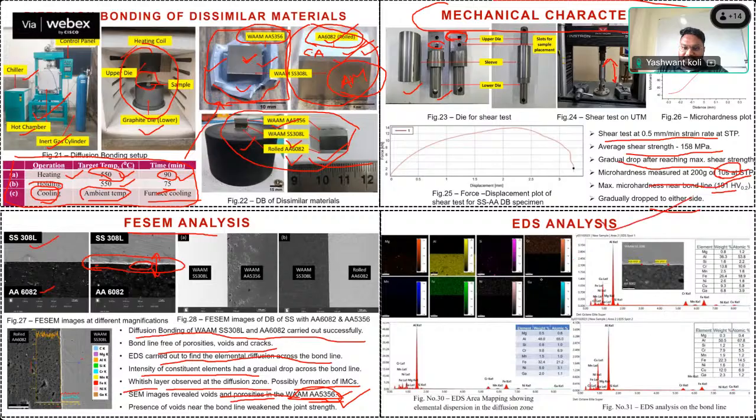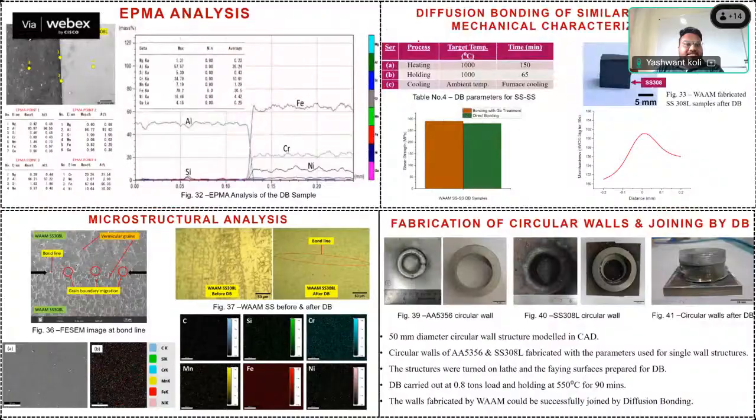So EDS analysis explains all the characterizations. In this EDS, you can see the chemical compositions and all. We have done EPMA also. EPMA gives the exact percentage of the elements. EDS is not that accurate as compared to EPMA. If we are finding nitrogen, oxygen and carbon, where the atomic number is less than 10, you can go for EPMA analysis, because EDS will not give the exact percentage of the low atomic number elements.